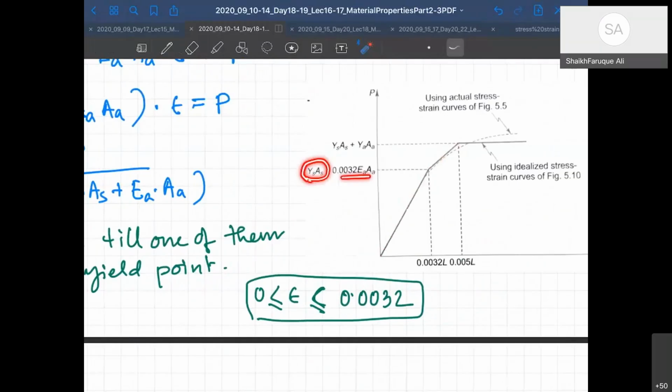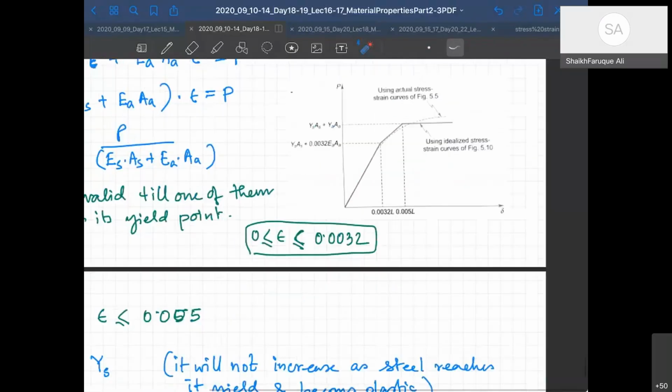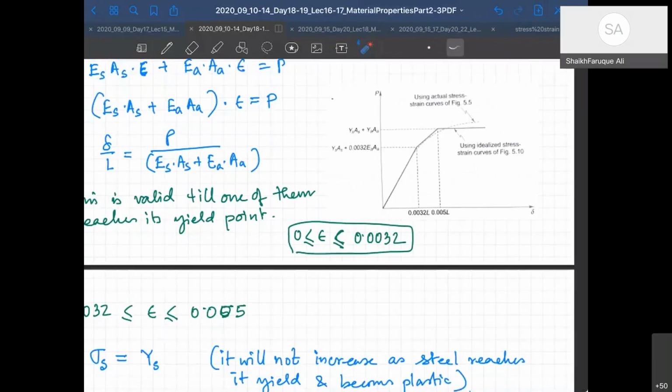This has been fixed, so it is a plus bx, something like that. So you will get again a line here where your constant part is here. But after that, both of them become constant, right? So you get a flat line here. So this is your P delta relationship for a problem like this, where both of them, one after another, go to plastic condition. Is this understood?